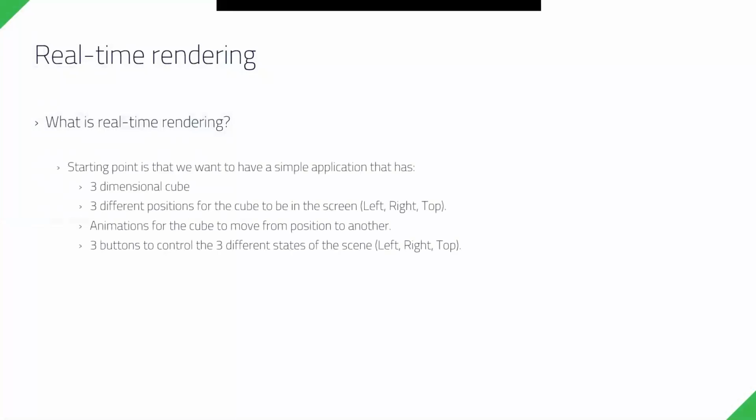So let's assume that we want to create a project that has a three-dimensional cube, and that cube must have three different positions to be in the screen: left, right, and top of the screen. We also want to have animations for the cube to move from one position to another, and three buttons to control three different states of the scene.